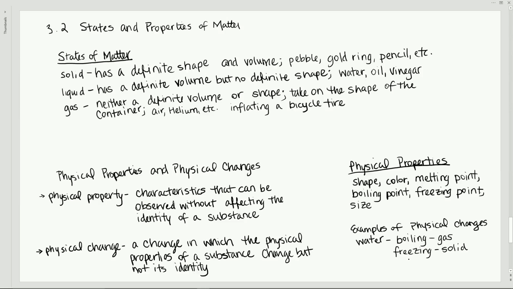And then you can also melt your ice, and that would be going from a solid to a liquid. So in all of these scenarios, the state of the water changes, but it's still water. It's still H2O in all of those situations.